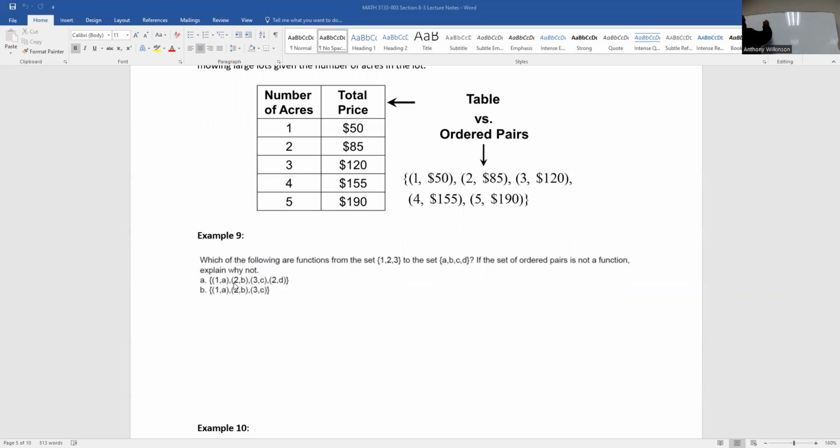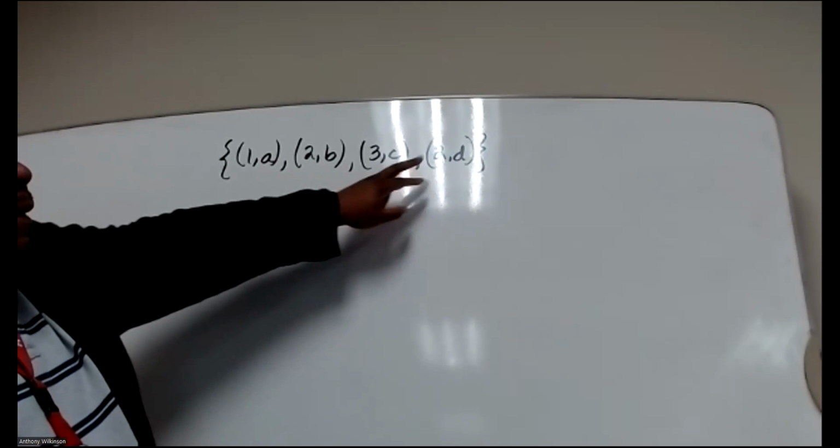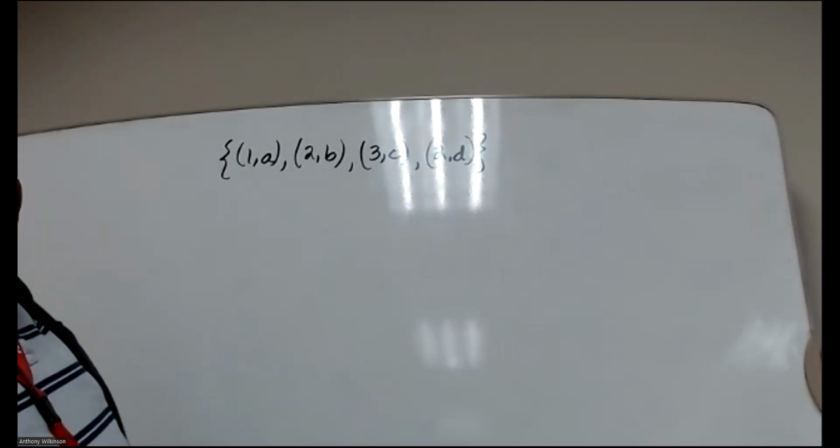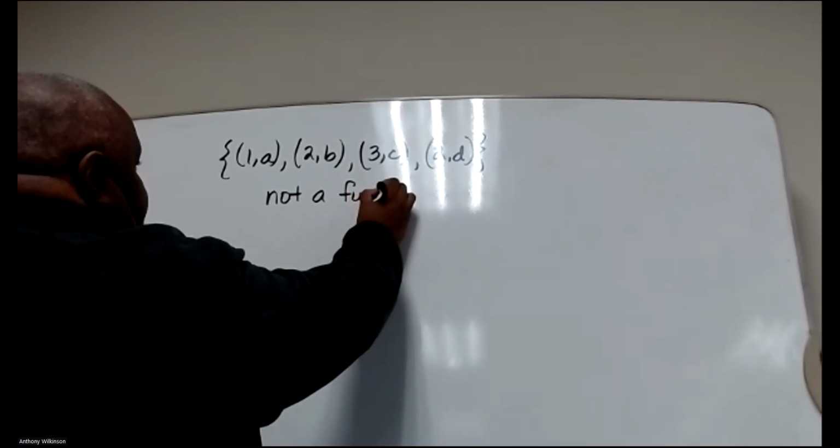So here, 1 comma A, and then we got 2 comma B, 3 comma C, and then you got 2 comma D. And in this case, if your x coordinates repeat, as I mentioned, that means you're not going to have a function. 2 is paired with B, but also 2 is paired with D. So that tells me that this relation is not a function.